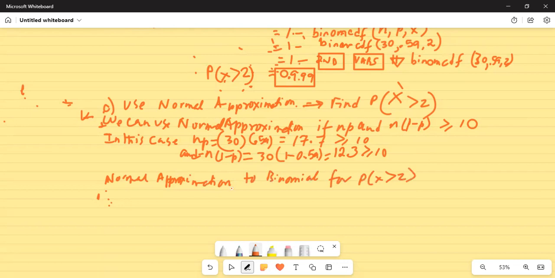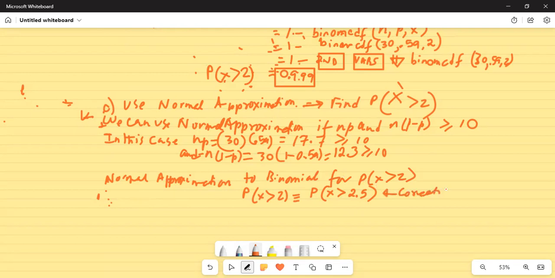Since 2 is not included, P of X greater than 2 is almost equal to P of X greater than 2.5. That is the calculation we will do, because 2 is not included. This is the correction.